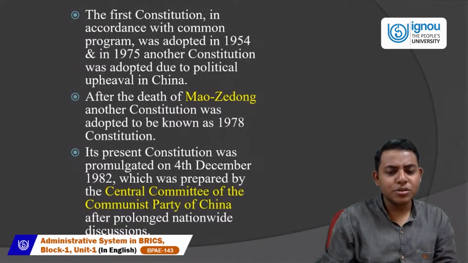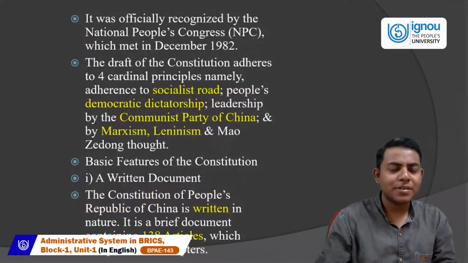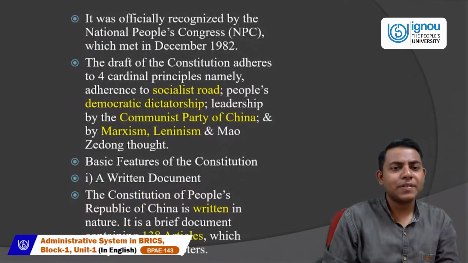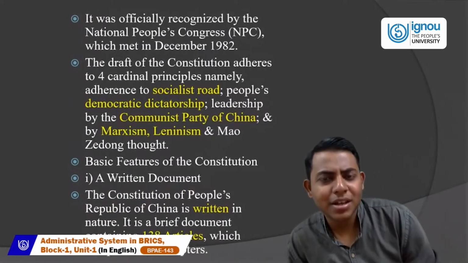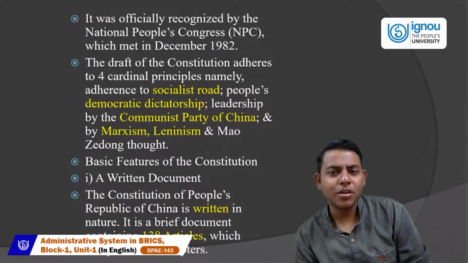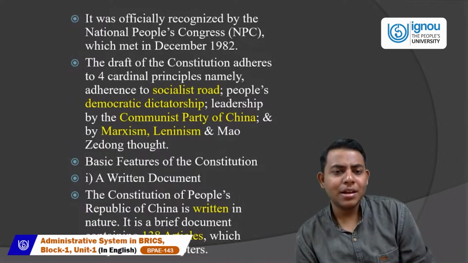And the present Constitution of China was promulgated on 4th December 1982, and this was prepared by the Central Committee of the Communist Party of China after prolonged nationwide discussions. The present constitution was officially recognized by the National People's Congress, which met in December 1982.